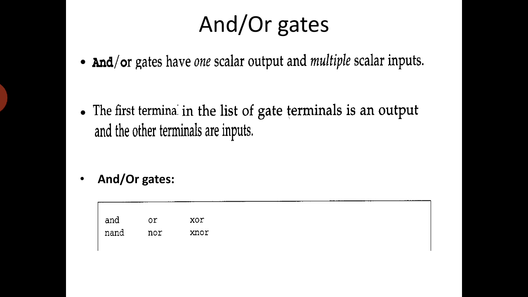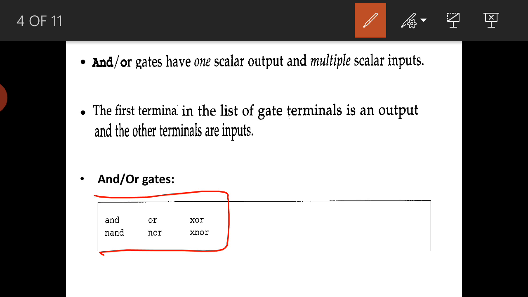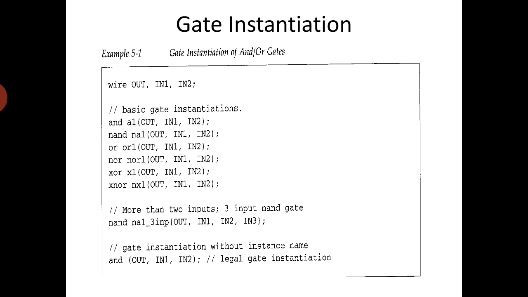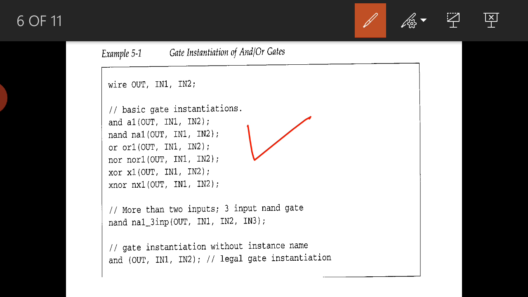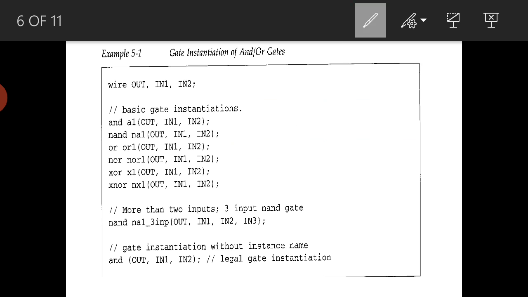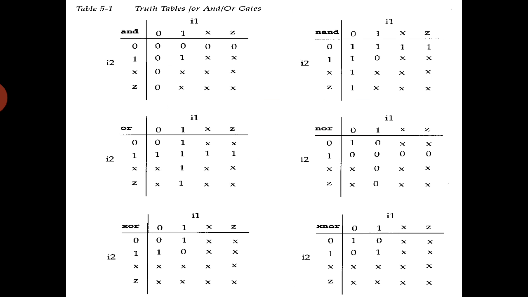Today we have seen and/or, and these we will use by using the primitives, and the format of how to use the primitives is what we call instantiation. This is how we can realize the circuits by using instantiation with respect to the basic types. And these are the truth tables, what we will get as outputs with respect to 0, 1, x, z values.